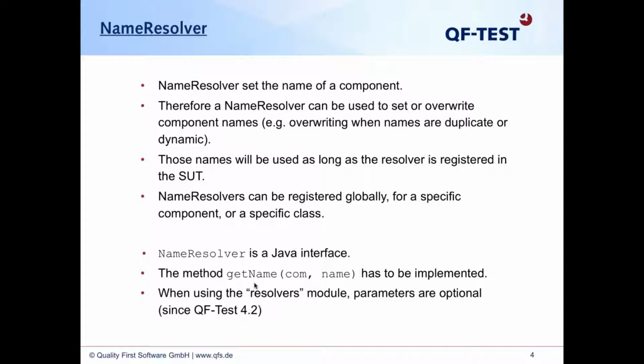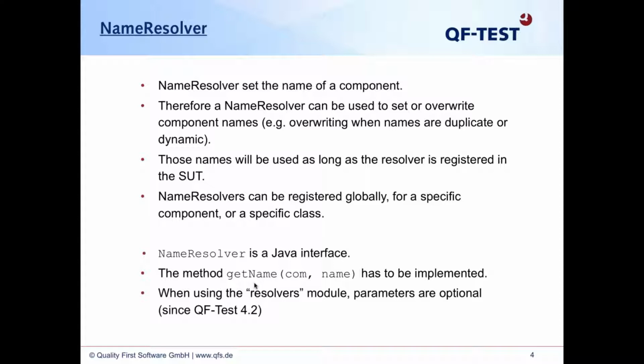You just write getName of component, or of nothing, because QF-Test adapts automatically to the number of parameters you give in the method when you register your method as a resolver using the resolvers module. And you can register this in the SUT script, in the system under test, because detecting the component is part of the code running in your process.